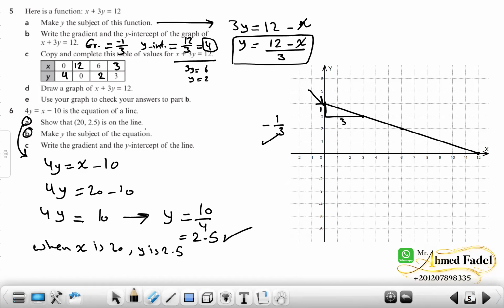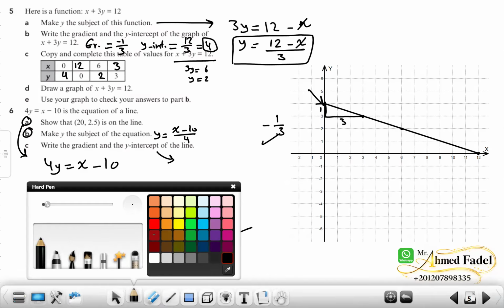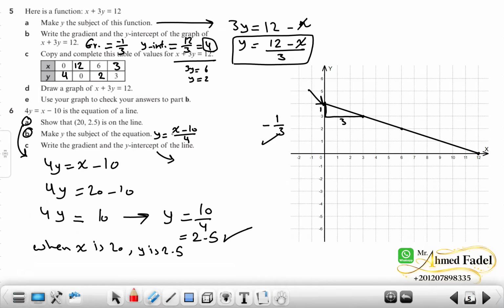Question B, make y the subject. So it's just y equals x minus 10 over 4. I'm going to send the 4 to the other side. So x minus 10 over 4. Write the gradient and the y-intercept of the line. I'm going to change the color. The gradient is the coefficient of x. It is 1.